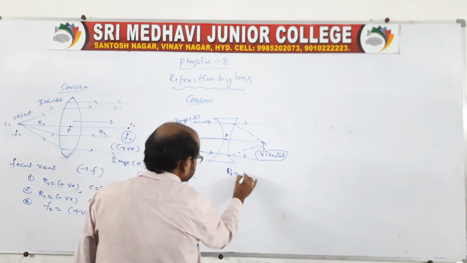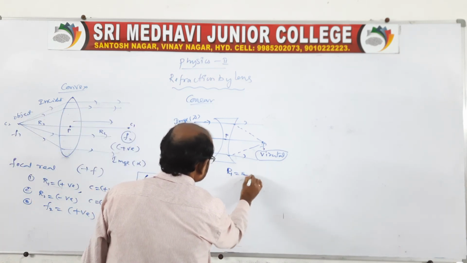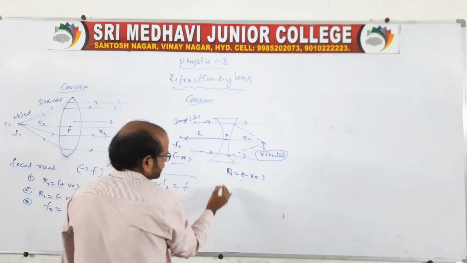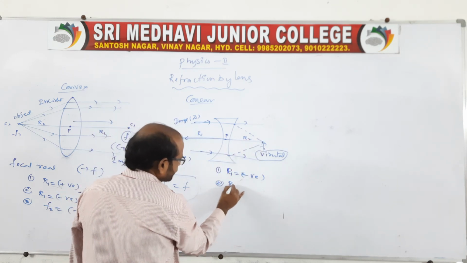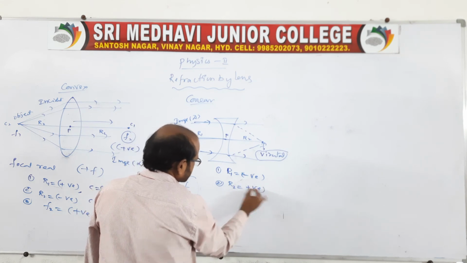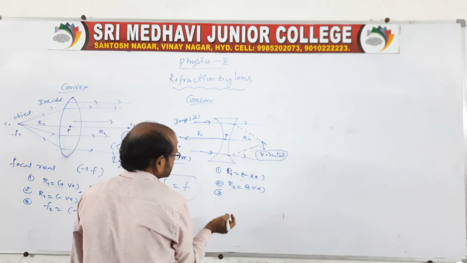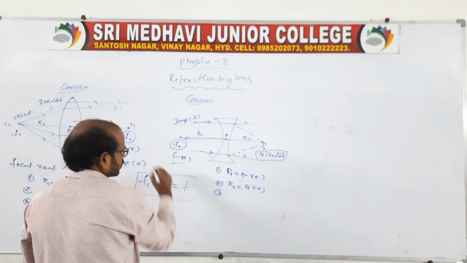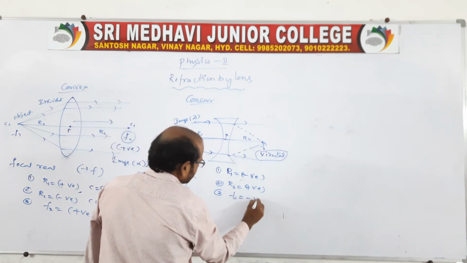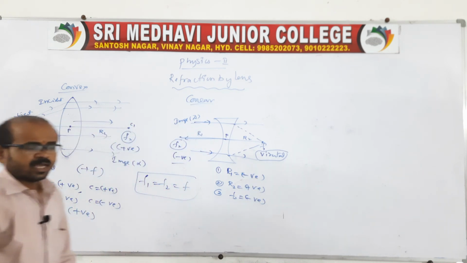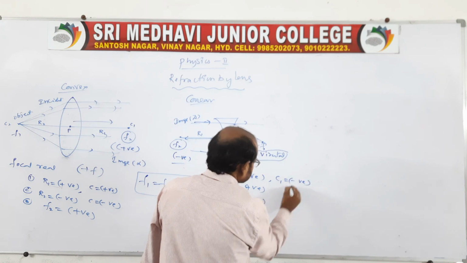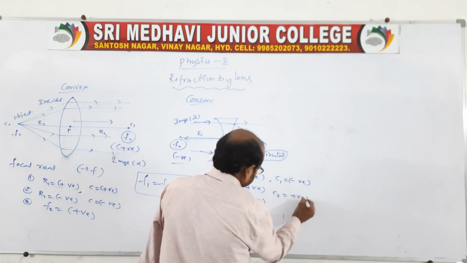R1 is negative, because it is measured in the opposite direction, and R2 is positive. The second focal point is measured in the opposite direction, so the focal point will be negative. And the center of curvature is minus for the first one, and positive for the second.